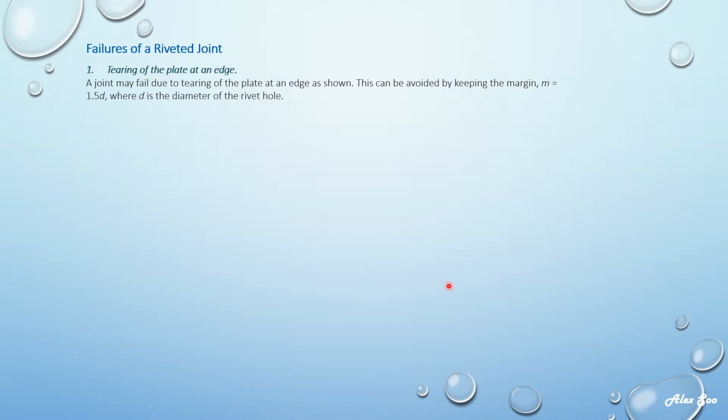The first is that the plate tears when the force you apply is pulling towards different directions. It might cause the plate to tear into two parts. That is the first possibility that might cause the joint to fail.